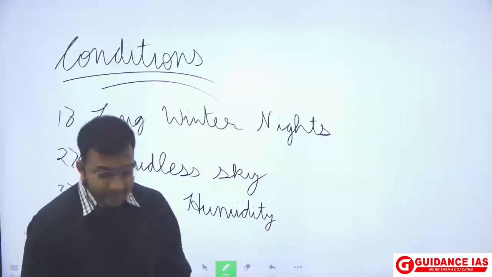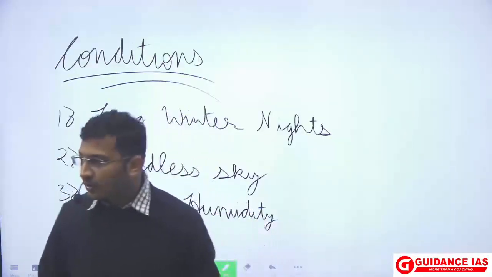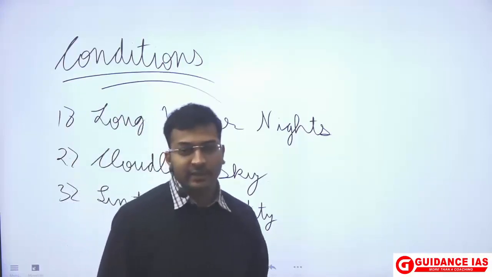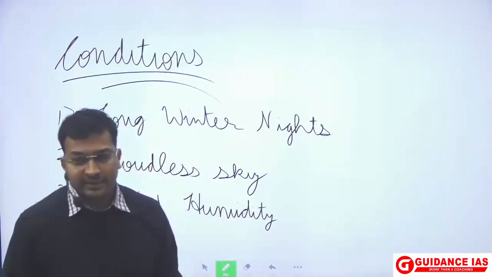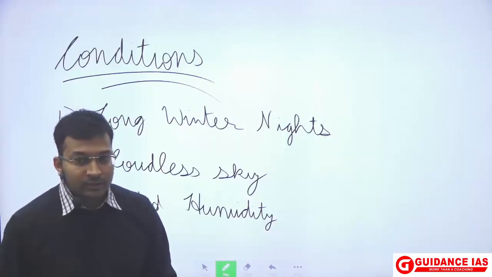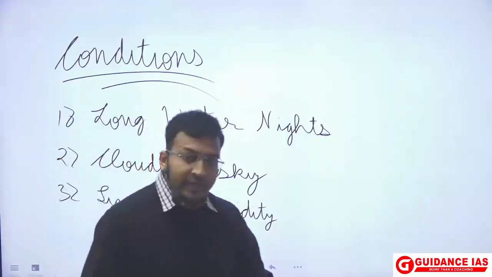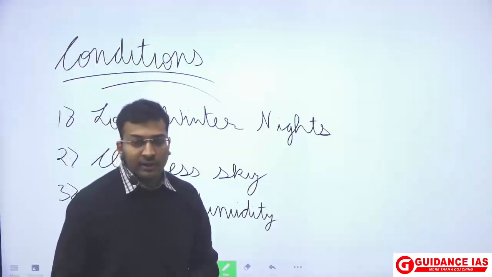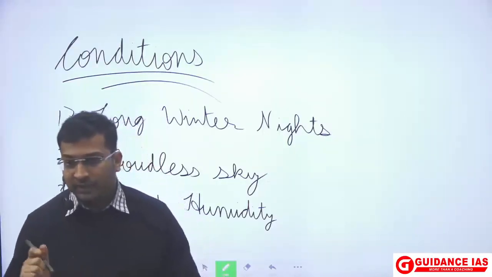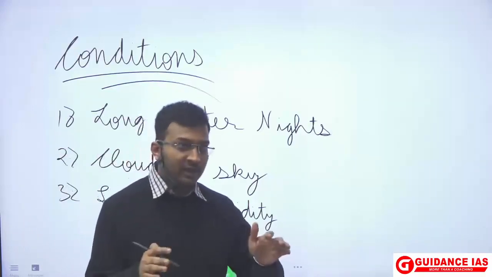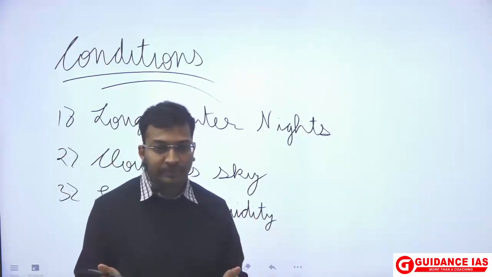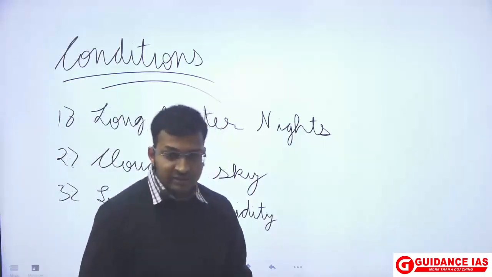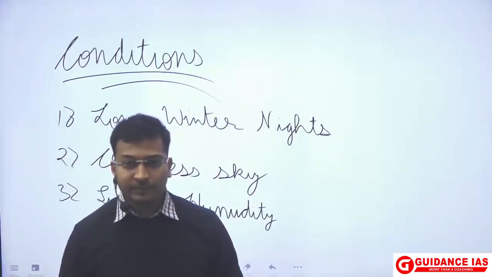Limited humidity. As you all know, water vapor is the most abundantly present greenhouse gas. Water vapor absorbs most of the radiation emitted from the earth's surface, which keeps our earth's surface warm. In the troposphere there is a huge presence of water vapor.